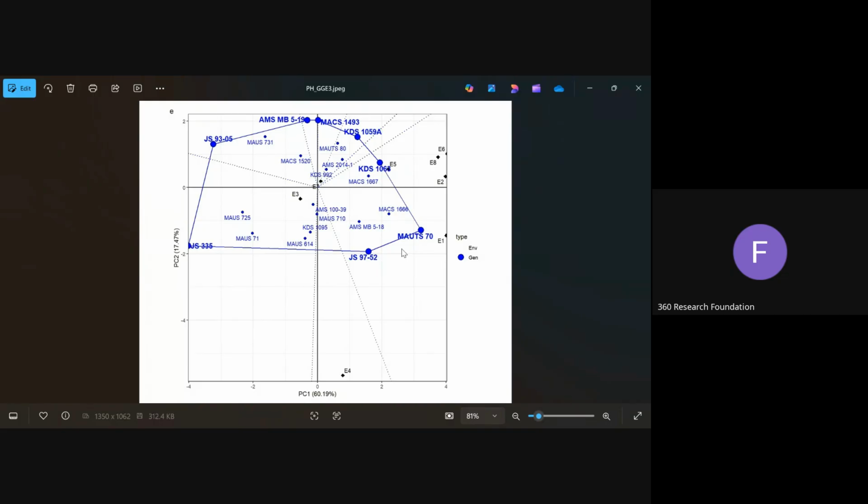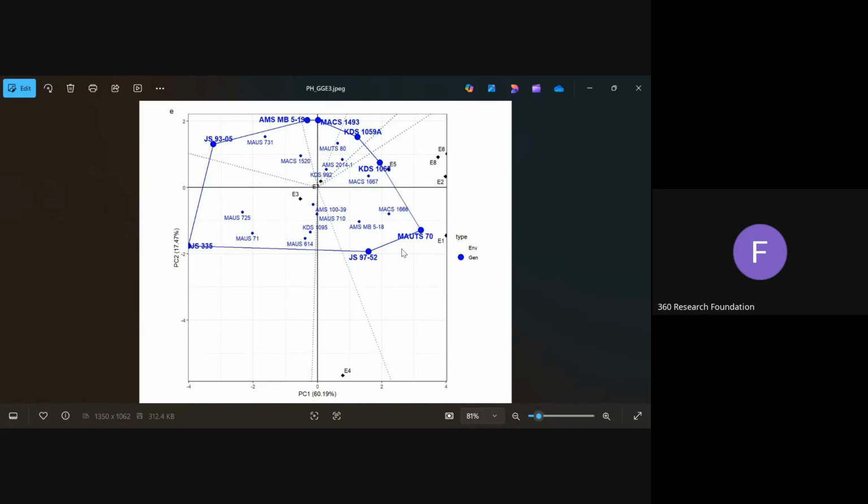So here in the GGE biplot, whatever data and genotypes you have, they are visualized differently with a different concept. Whatever genotypes are inside the polygon, you cannot say they are adapted to a particular environment.